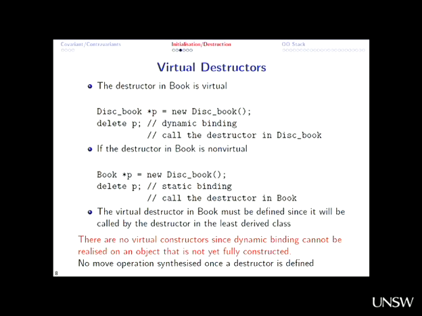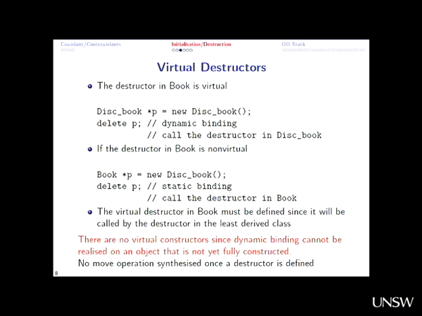Whereas if that object was fully constructed, even if you have a pointer to a book object, but the thing it's actually pointing to is a discounted book object, if you call it, because of a v-table, it will always call the discounted book object's net price function. We're going to go into that in an example in a few slides' time, but keep that in mind as we go forward.